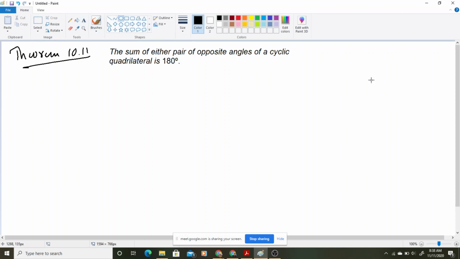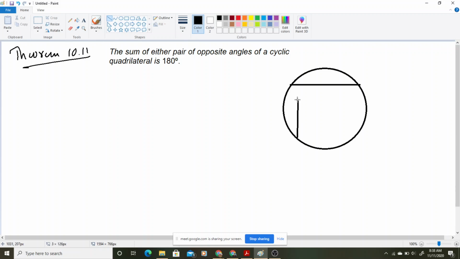So if we are drawing a quadrilateral, suppose I am taking a cyclic quadrilateral, you can form it by using any 4 lines inside the circle. Okay, so see, this is the cyclic quadrilateral I am taking. I will name it A, B, C, D.